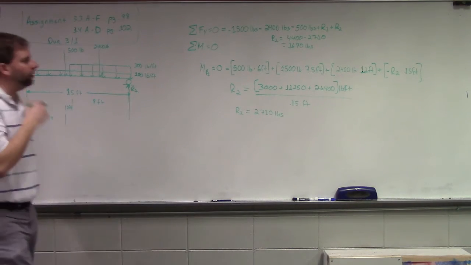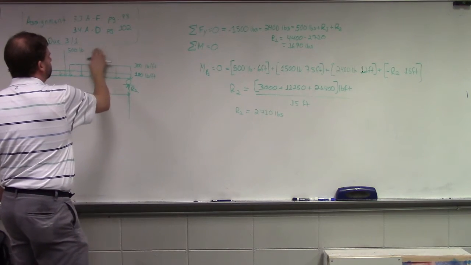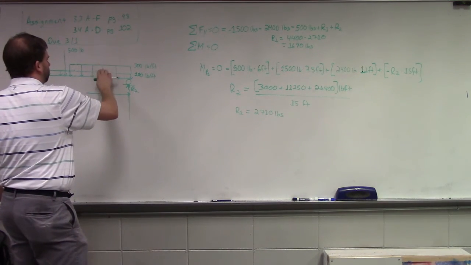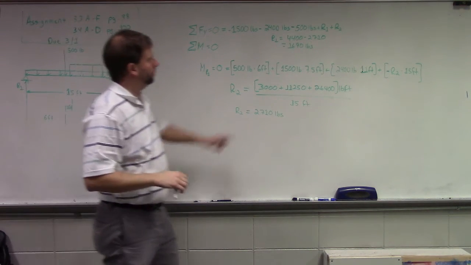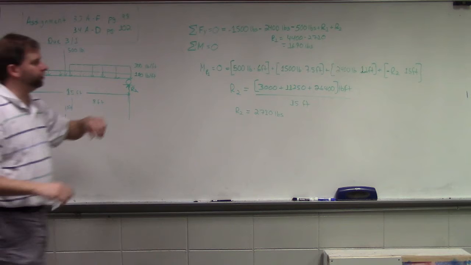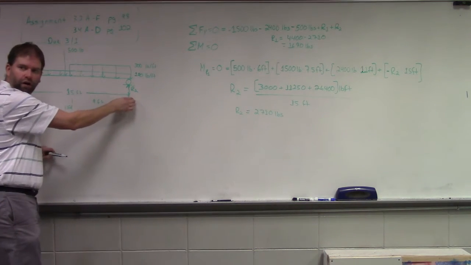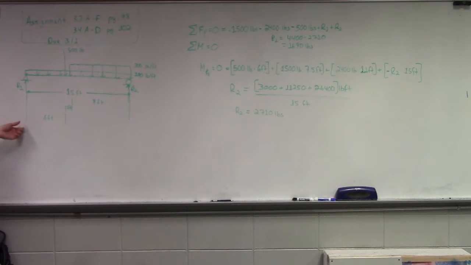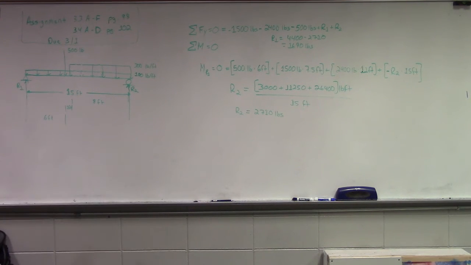So R1 equals the sum of all your forces in the vertical direction minus R2. Does that make sense that we need more capacity over at R2 than we do at R1? We've got heavier loading on that side of the structure as far as the setup.